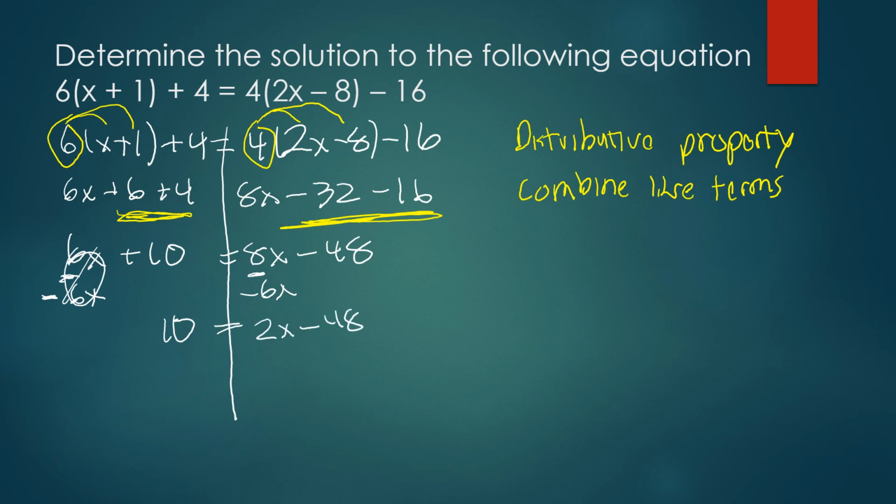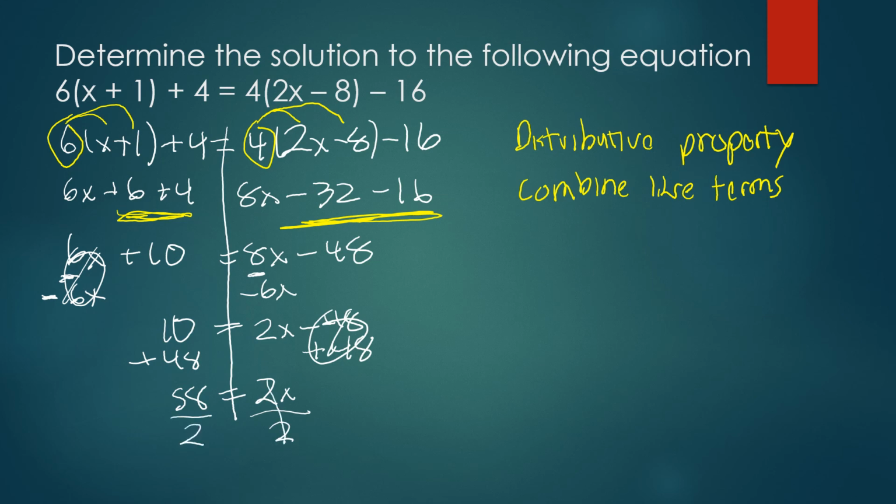Now I'm going to isolate the x term. So that means I need to do the additive inverse of minus 48. 10 plus 48 gives me 58, which is equal to 2x. This gives me 0. Now lastly, I need to isolate the x by dividing by the coefficient of x. So 2 divided by 2 gives me 1.